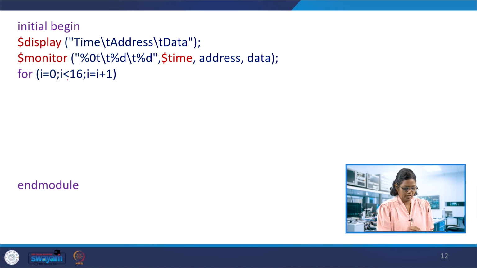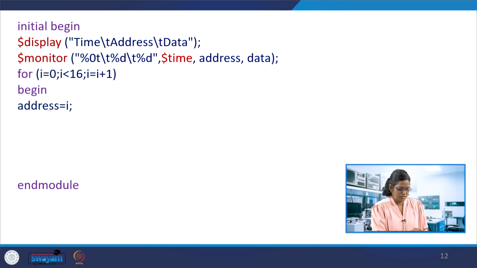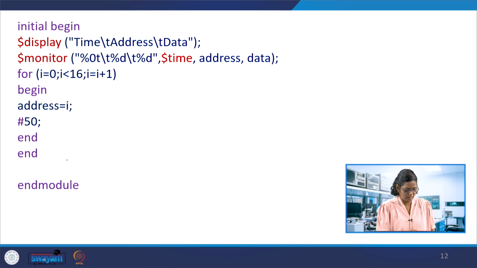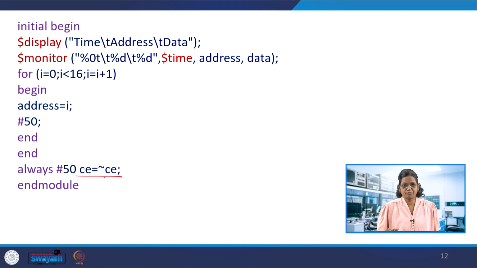For loop, I equal to 0, I less than 16 and I plus 1. This integer I, which is incremented, is stored to address I, with a delay of hash 50. Now the chip select, again we have made it like a clock. For some time it is 1, and then the chip select is not enabled.